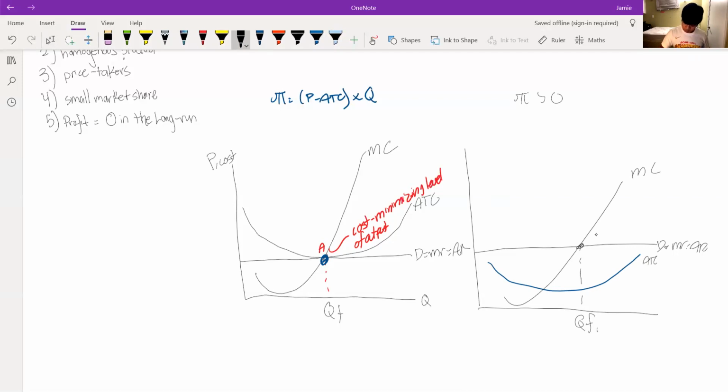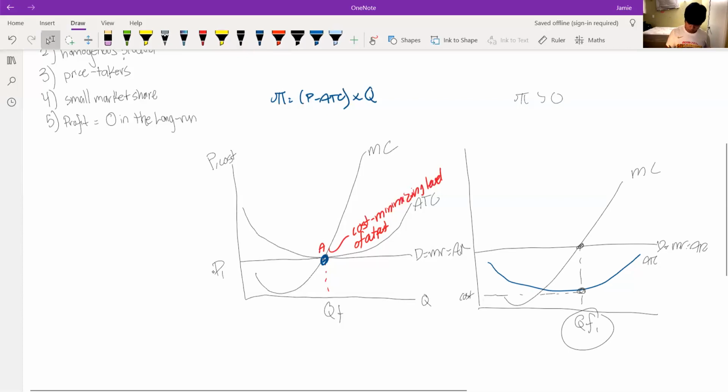QF, let's say 1. And because there's a vertical distance between the marginal revenue curve and the ATC at QF, a positive vertical distance, there is going to be profit, which is shaded in this region here. So if at QF the average total cost is right around here, which translates to some cost here, the firm is receiving these prices here, right?